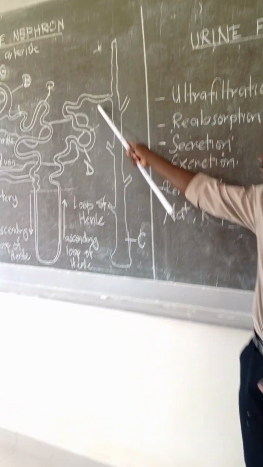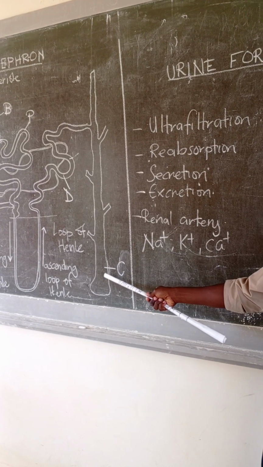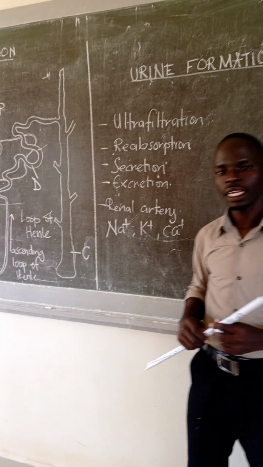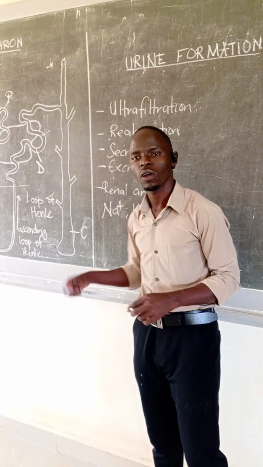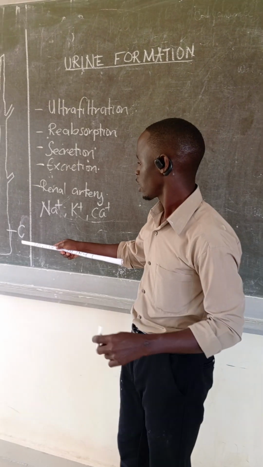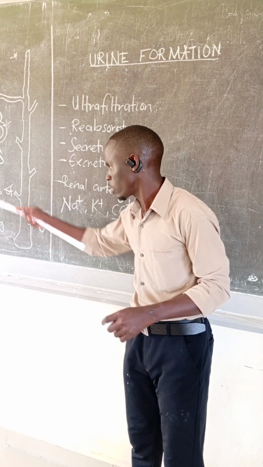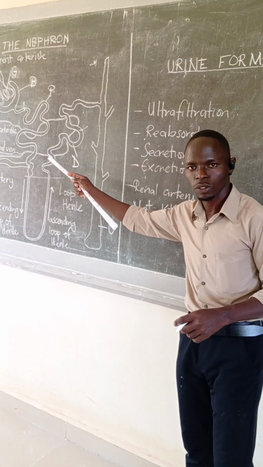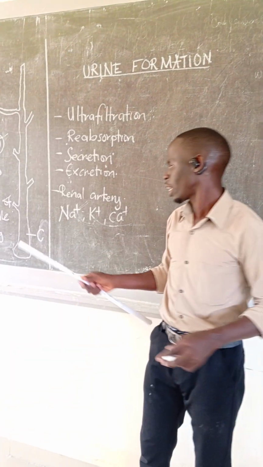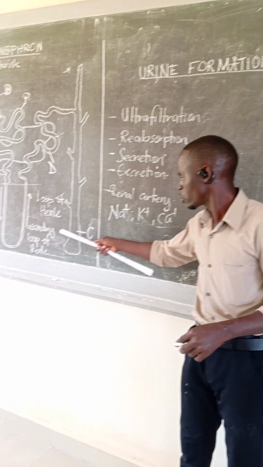From here, everything that remains is going to be collected in this part C, as the letter states, collecting. It is from this collecting duct that all contents which were not removed or reabsorbed are collected.